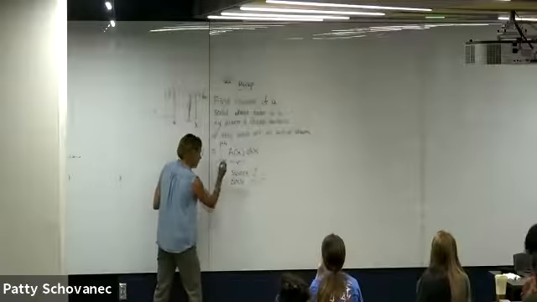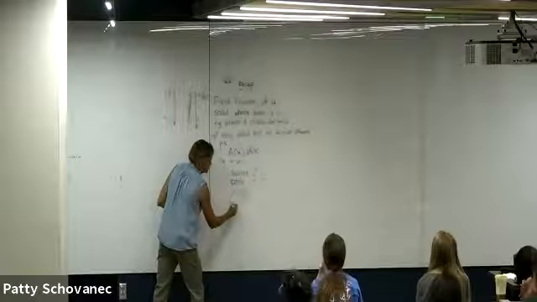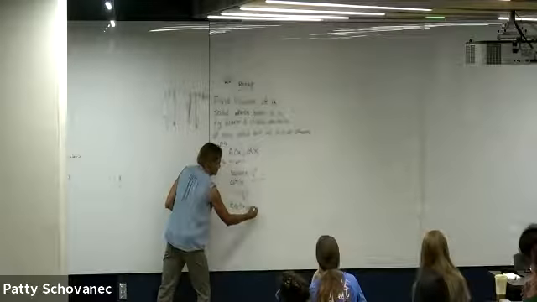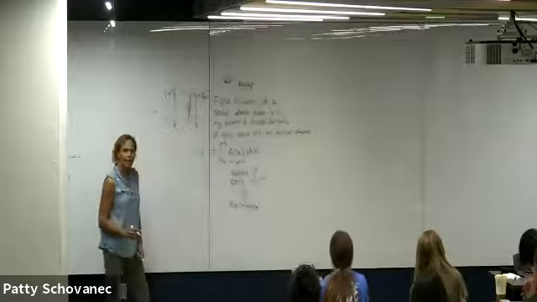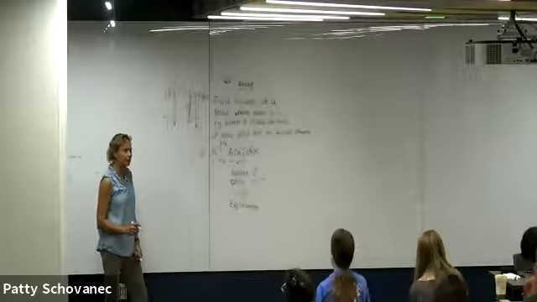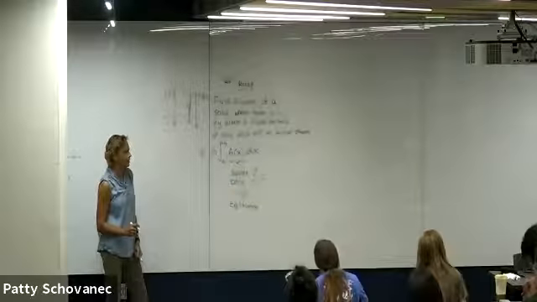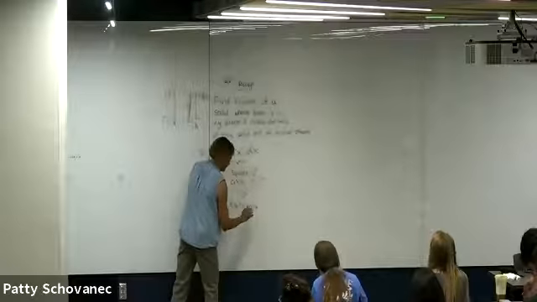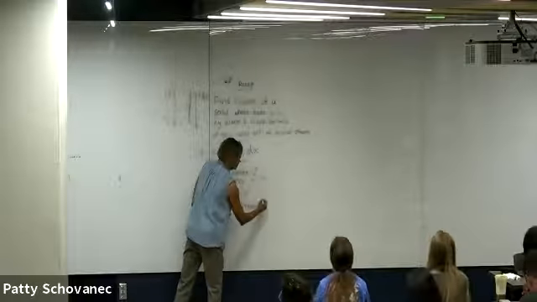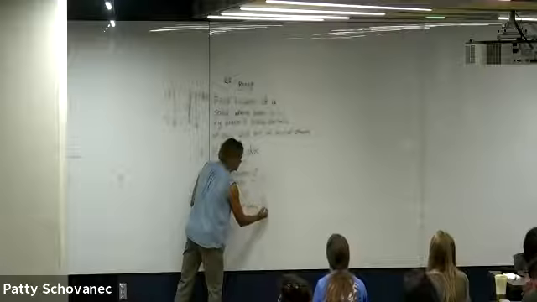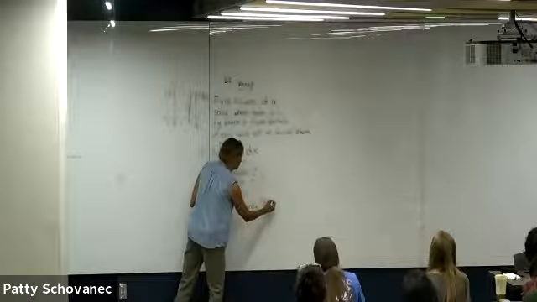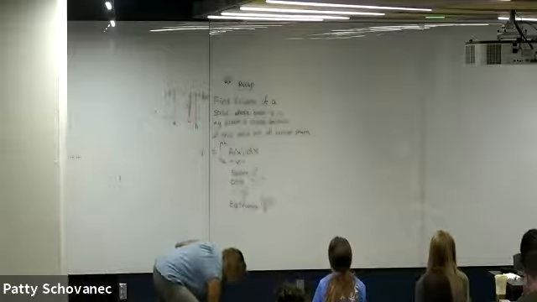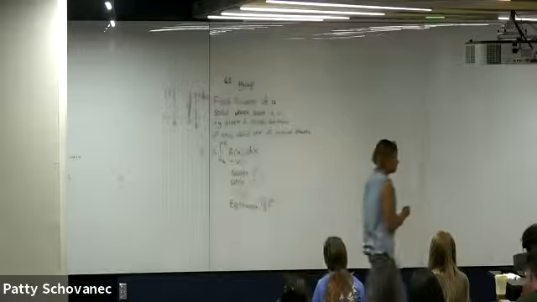If you're told you've got an equilateral triangle, we determined that the area of an equilateral triangle as a function of a side was square root of 3 over 4 times side squared. I should know that. Okay, so let's find one of those and do one of those.